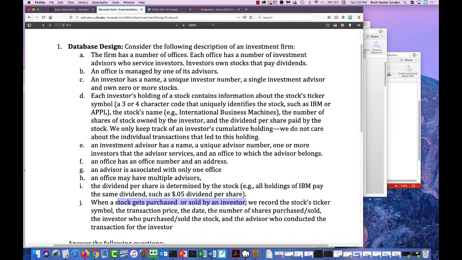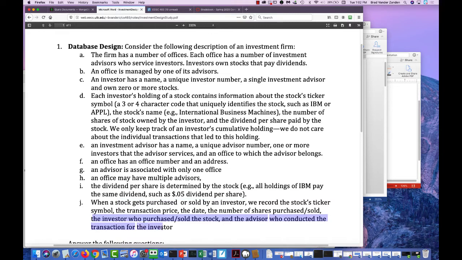And that relationship appears to have a number of attributes. So the stock's ticker symbol is what kind of attribute for this relationship? It's part of the primary key. It's an identifying attribute. The transaction price, the date, the number of shares purchased or sold probably seem more like descriptive information.